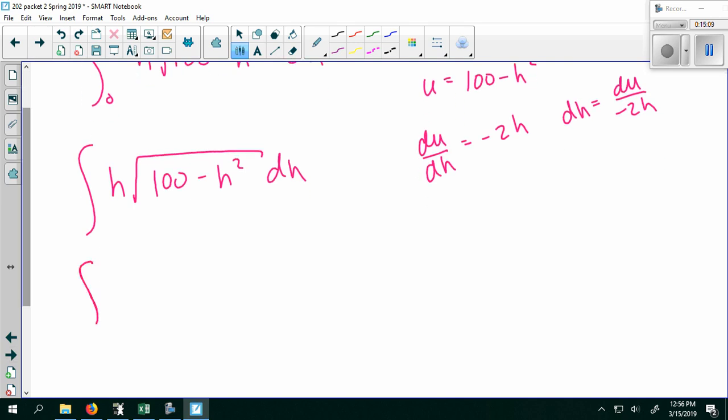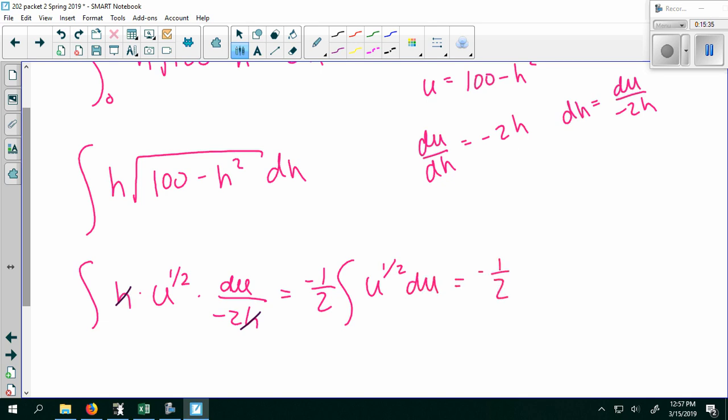So I've got the integral of h times u to the 1/2. And instead of dh, I have du over negative 2h. And the h's cancel. So I have the negative 1/2. Pull it out of the integral. The integral of u to the 1/2 du.